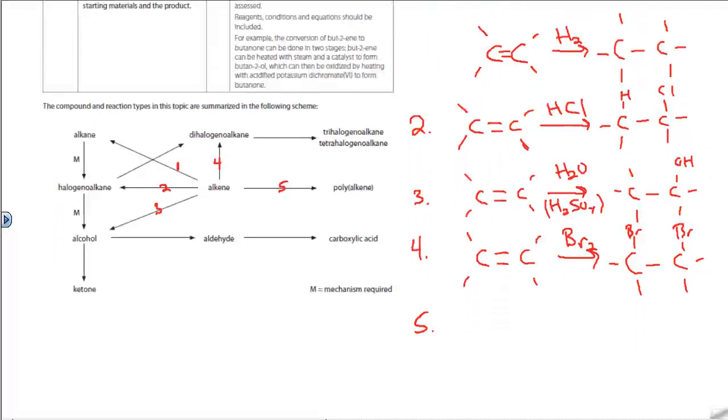And the last one here in this sequence, the polyalkene. Remember, under certain conditions, it's not important what the conditions are, we can form polymers of this. So think of it as this bond breaking homolytically and producing a free radical.